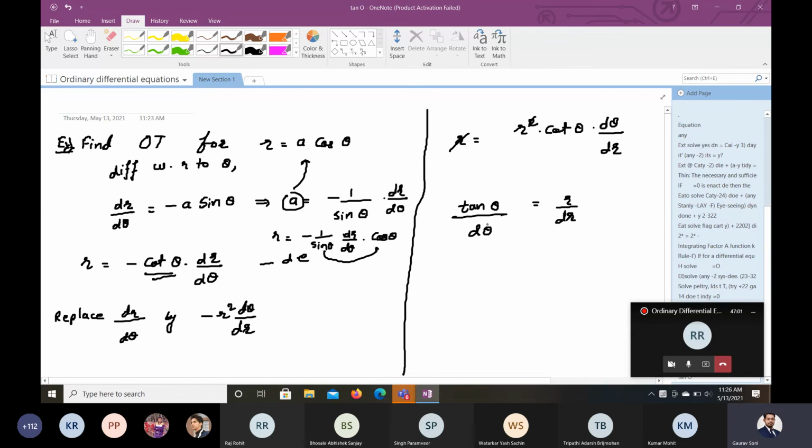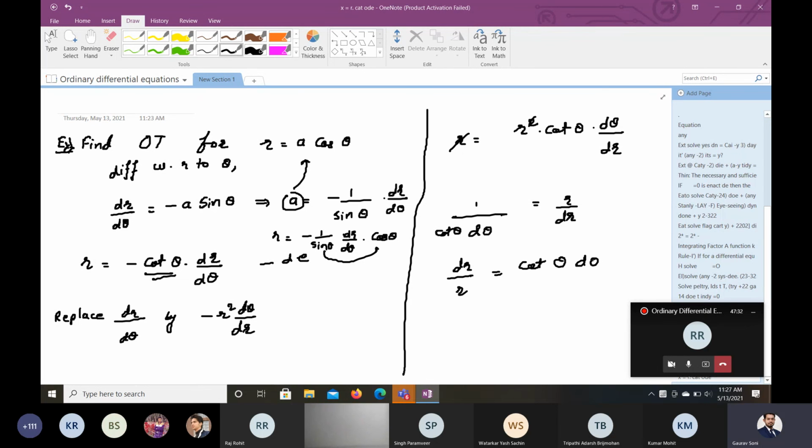Again, I have made some mistake over here; 1 upon cot theta d theta wasn't taken. So when you take the reciprocal, you'll get dr upon r is equal to cot theta d theta.